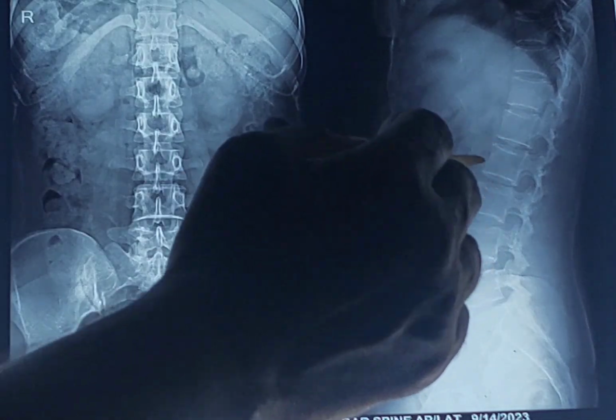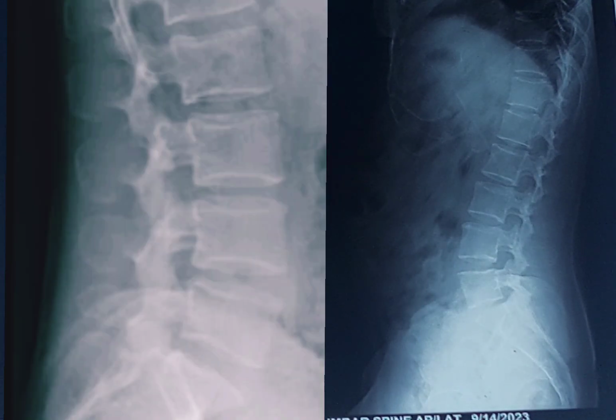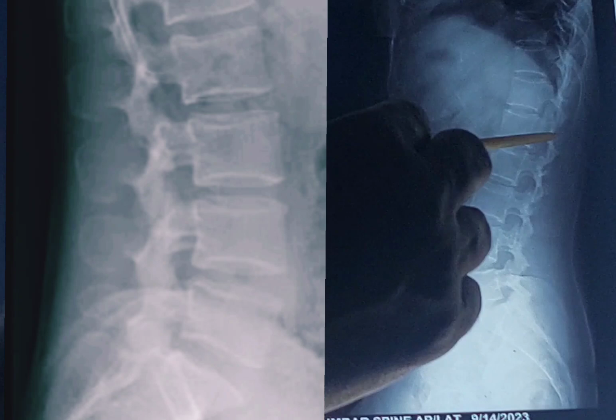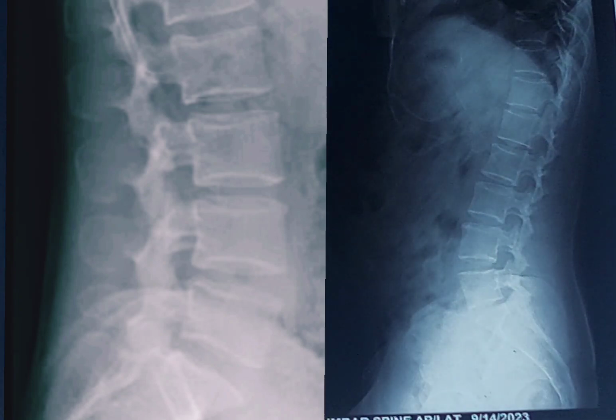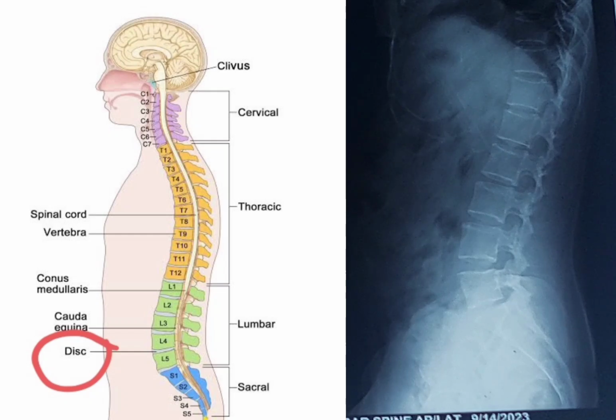The lumbar curvature appears after birth, when it develops at about 1 to 1.5 years of age, when the child tries to start walking. You should remember that the forward convexity of the lumbar curvature is due to the greater thickness of the anterior part of the intervertebral disc, not due to the thickness of the vertebral body.